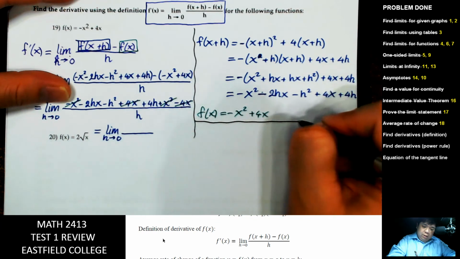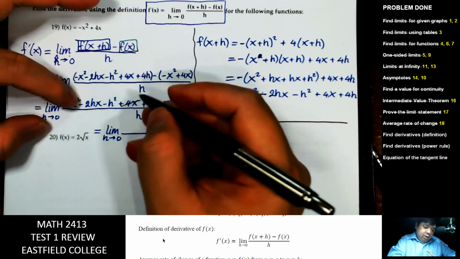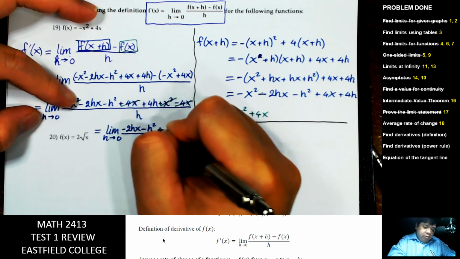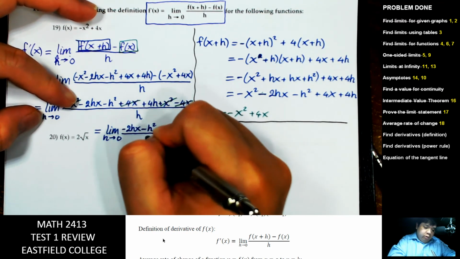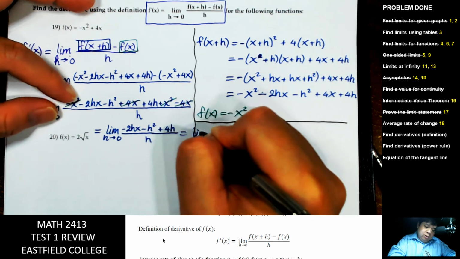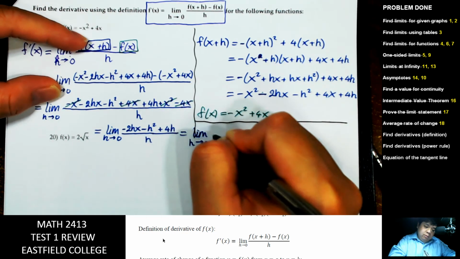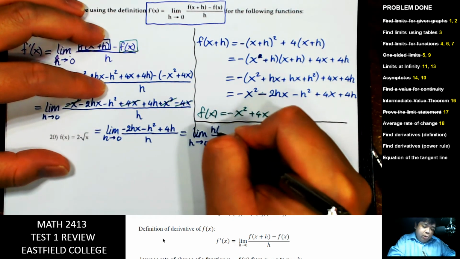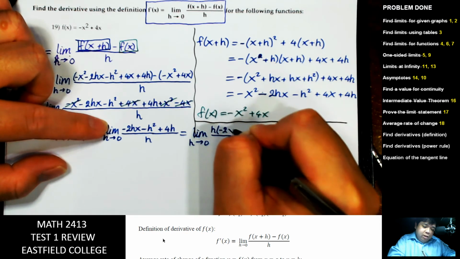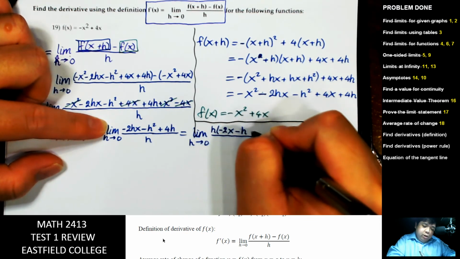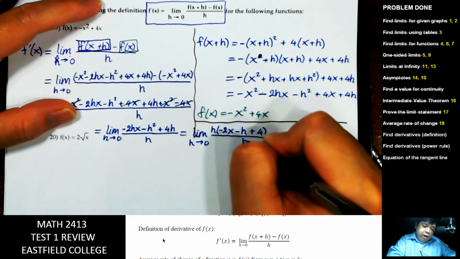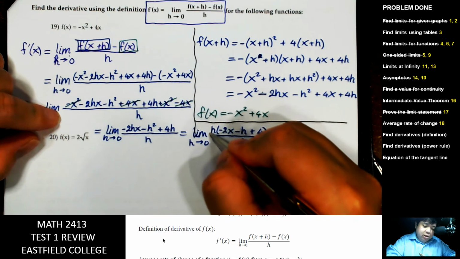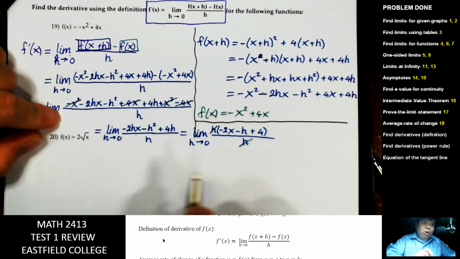So now we have negative 2hx minus h squared plus 4h over h. Now all of them have h. I'll factor out an h. We have (negative 2x, negative h, plus 4) over h. So the first step is that we cancel everything without an h, and the second step is we cancel with the h at the bottom.